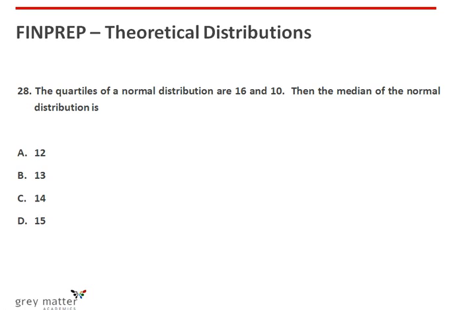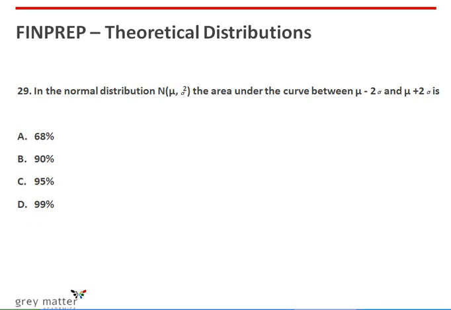Going to our PowerPoint presentation, it is B, which says 13. 29th problem. In the normal distribution N(mu, sigma squared), the area under the curve between mu minus 2 sigma and mu plus 2 sigma is the confidence limit. Basically, 95% is the answer.